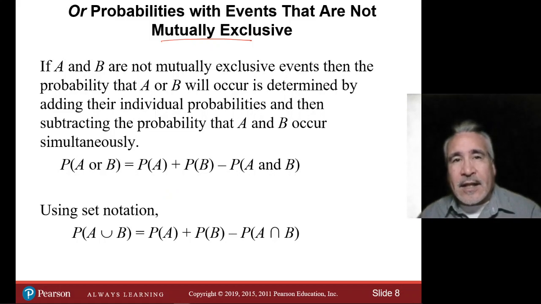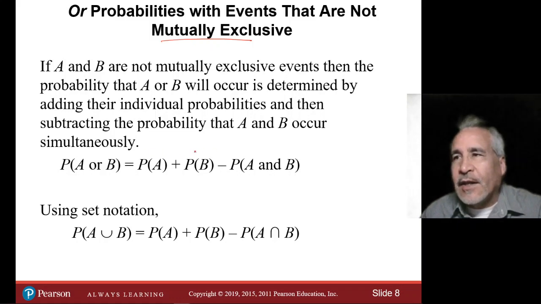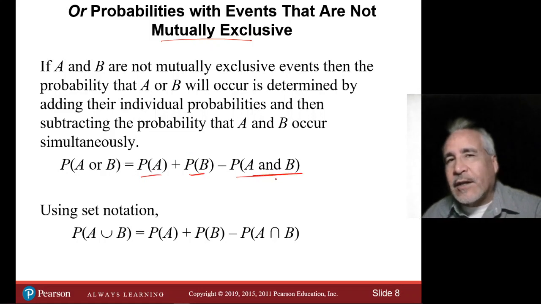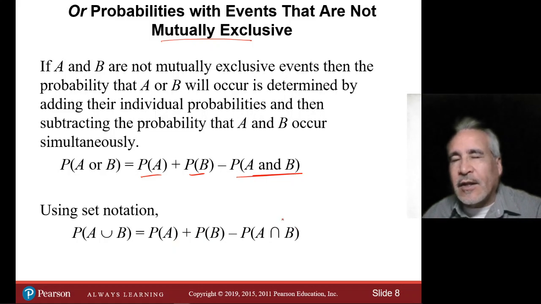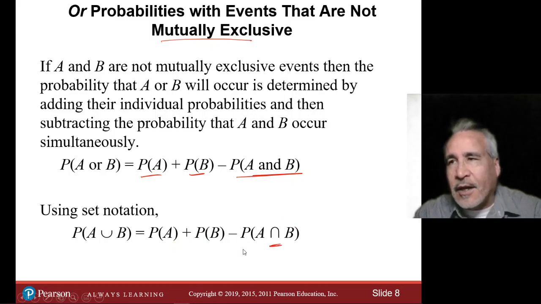There's a jack that's also a club, so that's not mutually exclusive. There's a card that has both qualities. So what we do is add them together, but subtract off the overlap. So just add the two probabilities, subtract the overlapping or intersecting characteristic, the cards.